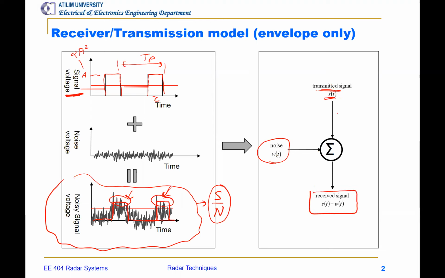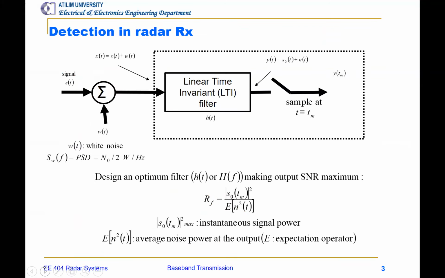That's the sum of the transmitted signal and noise generated. So here is the model that we used in the previous slide. Now we'd like to design this part, okay? We'd like to study this part.